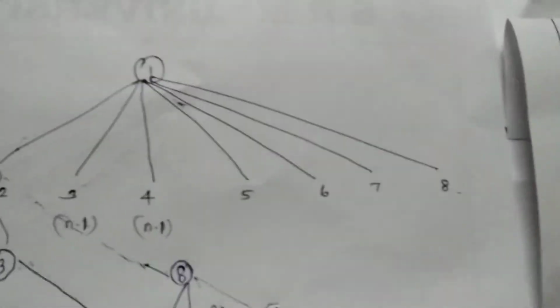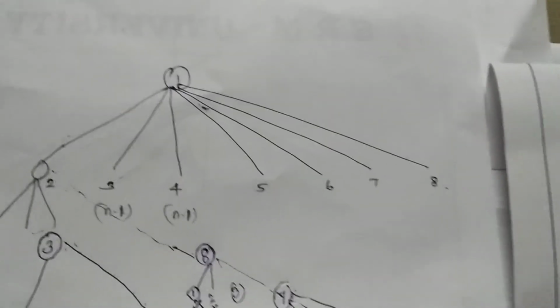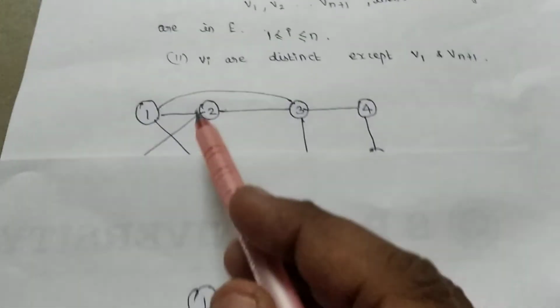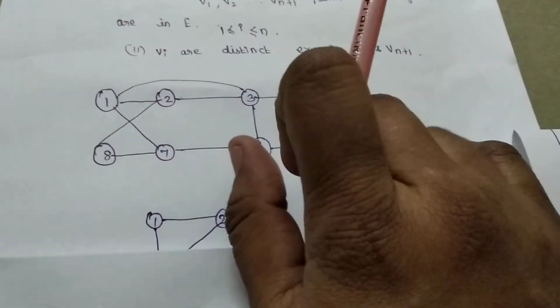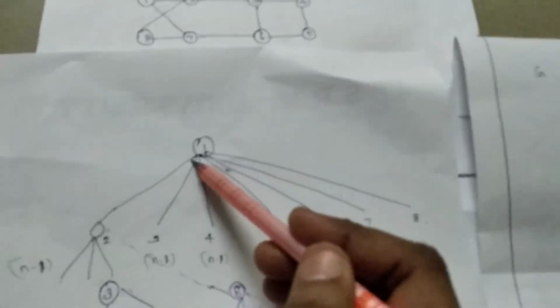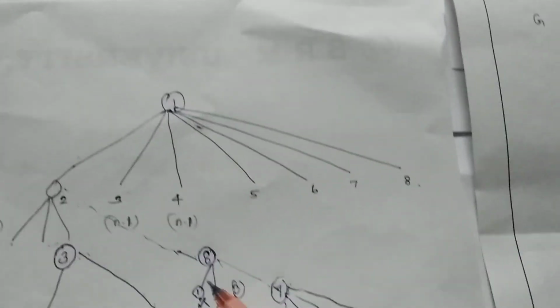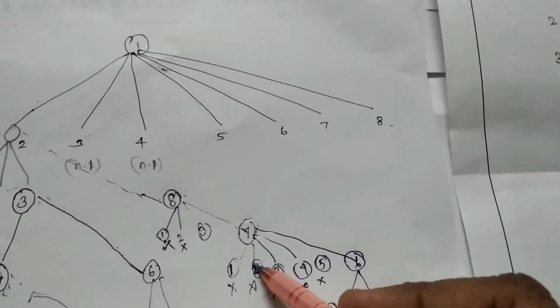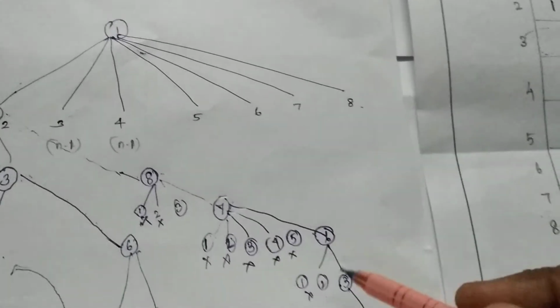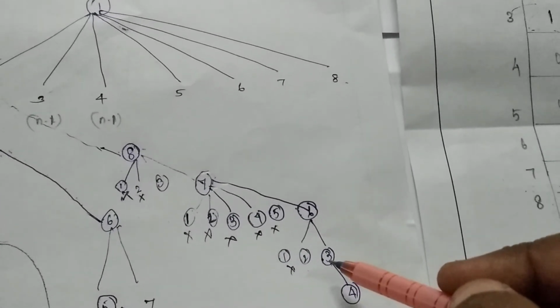So the final solution is from 1 it will go to 2, 2 to 8, 8 to 7, 7 to 6, 6 to 5.